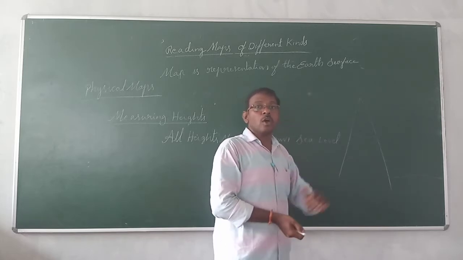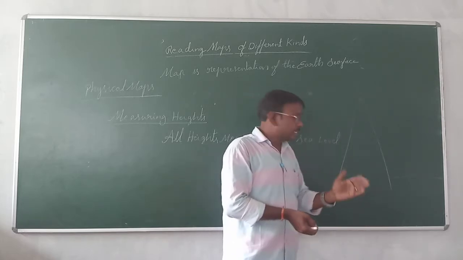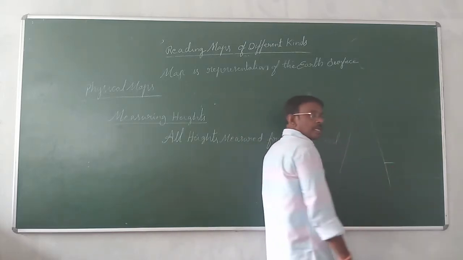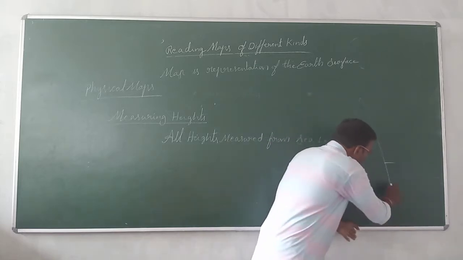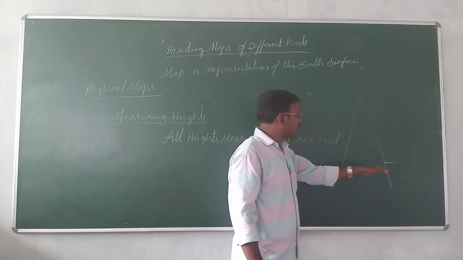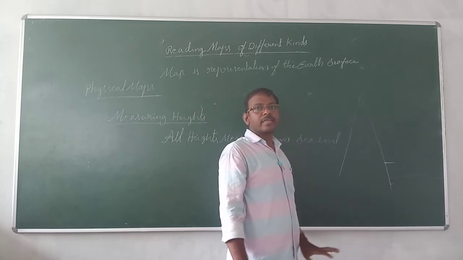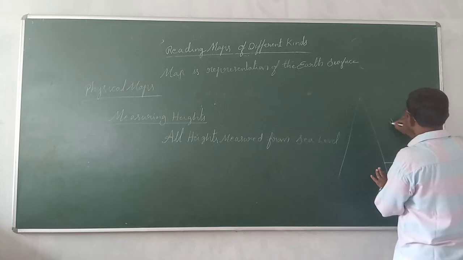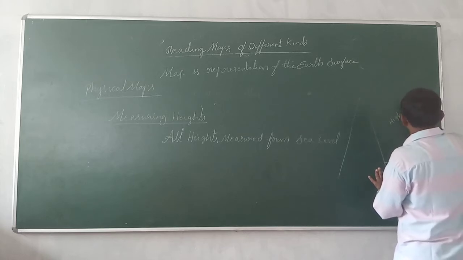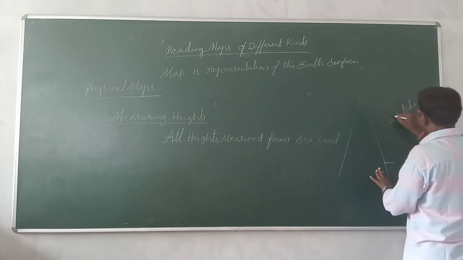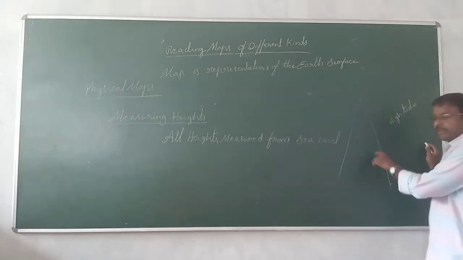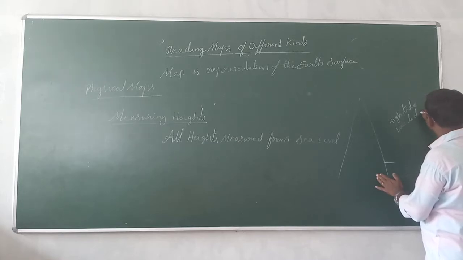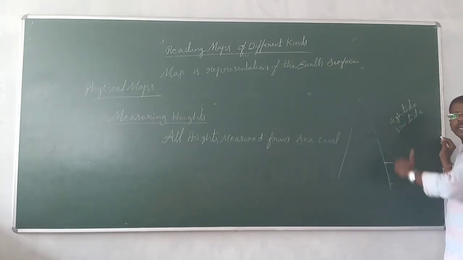Sea water also has movements. Sometimes it rises up, sometimes it goes down. If it rises, it is called high tide. When the sea water goes down, it is known as low tide. High tide and low tide will always be there.